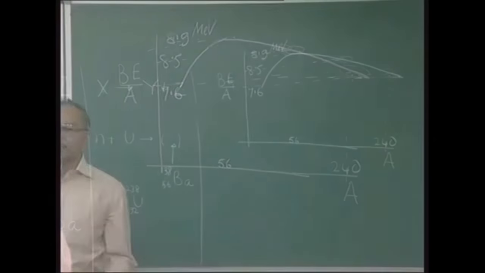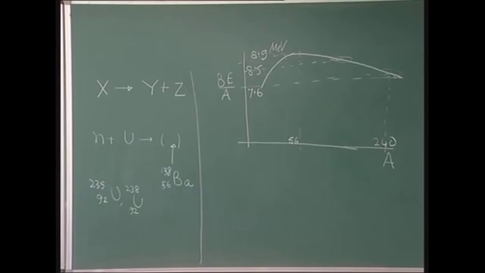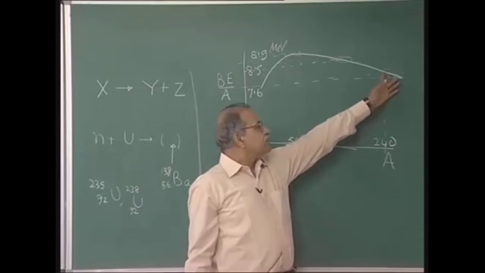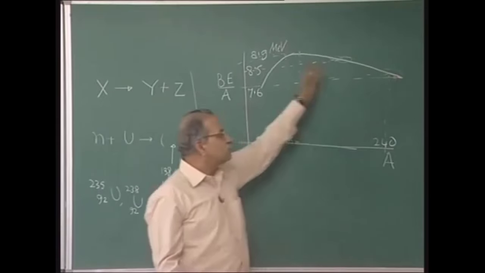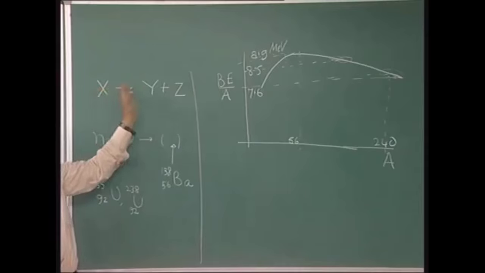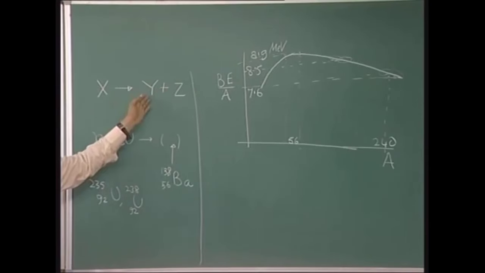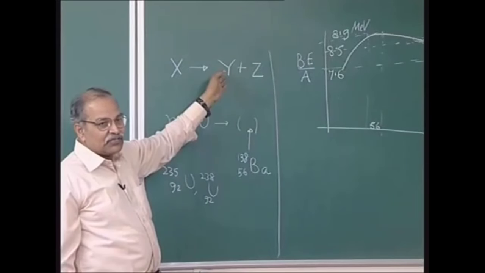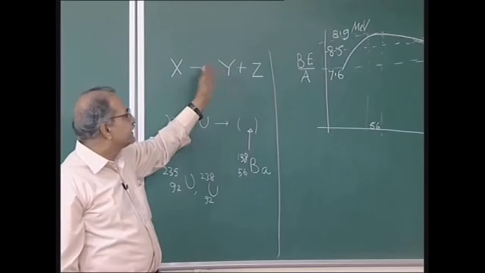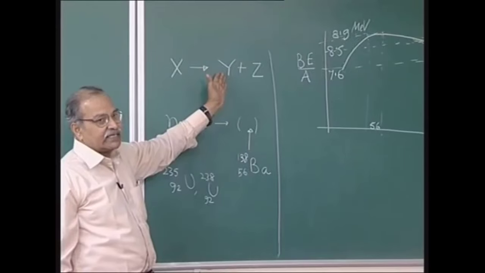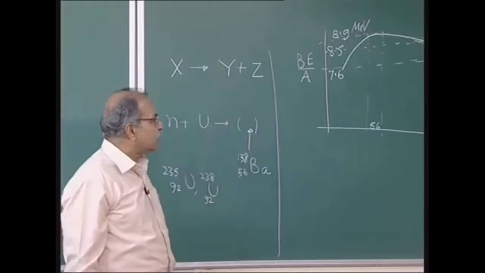So, first look at the rest masses and the energies. If you have a heavy nucleus in this range, and you look at a reaction where X goes into Y and Z, two nuclei of roughly equal masses, then what is the Q value? Is the Q value positive or negative? Does the rest mass decrease in this reaction or increase? It is very simple to calculate.